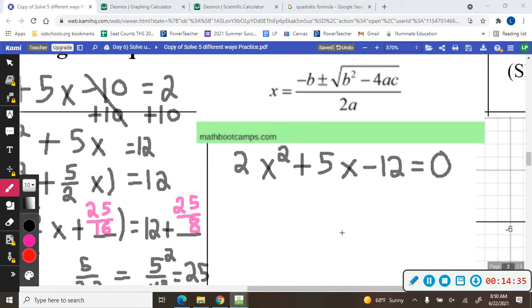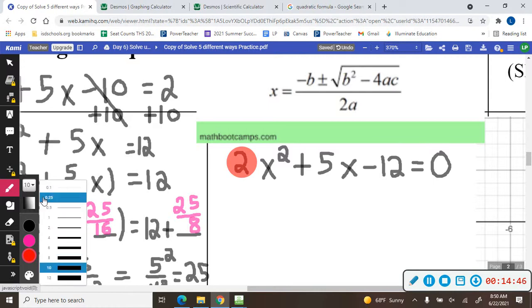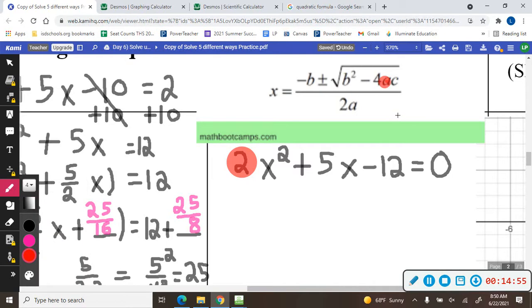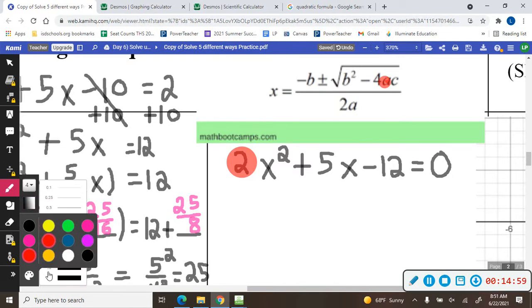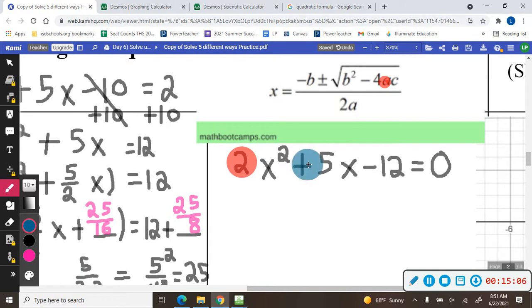The final method is solving by quadratic formula, and it says that the number right here is your a term, so that's your a. So everywhere you see an a, like right there, you'll replace that with the 2. So that becomes a 2. Your next number is the b term.